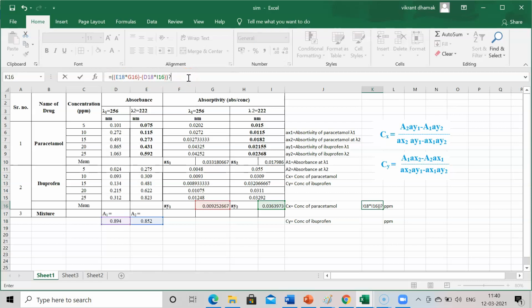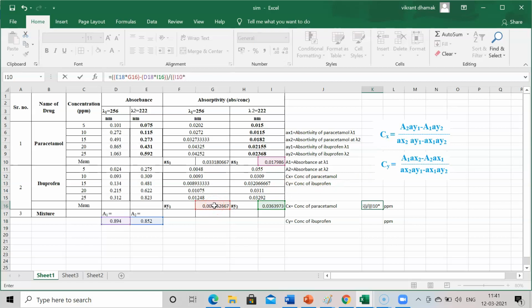So for divided by, press the sign. After that, now we need to put these values. So again press for a double bracket. The first value is AX2. So let's select that cell AX2 into AY1.